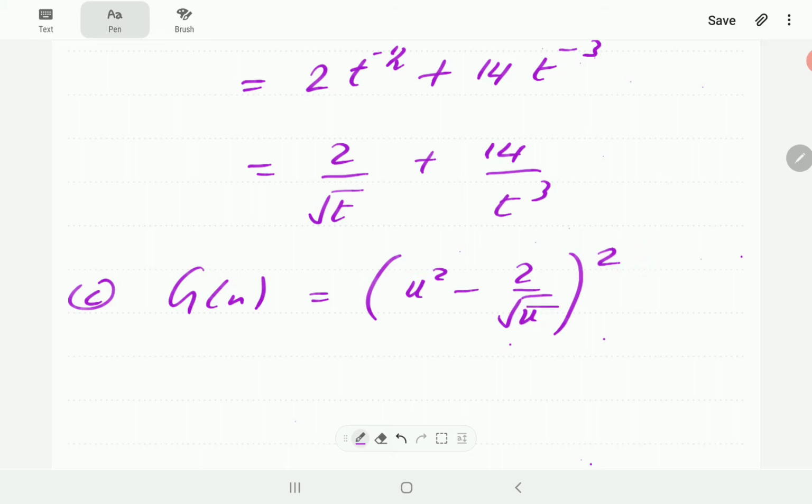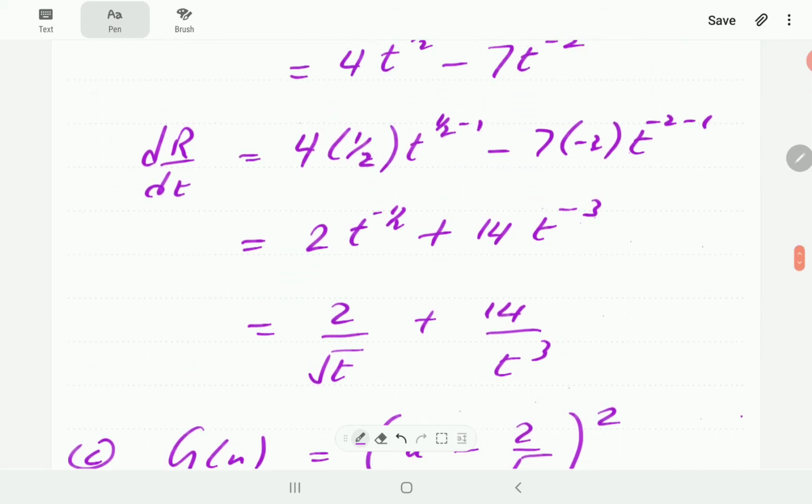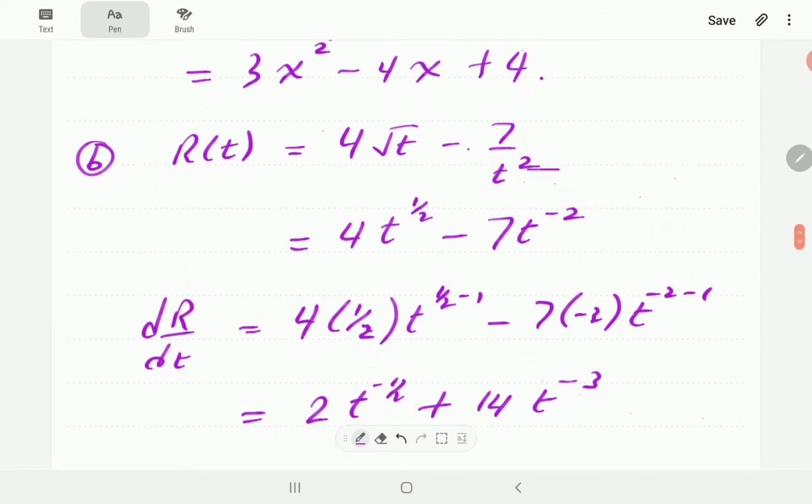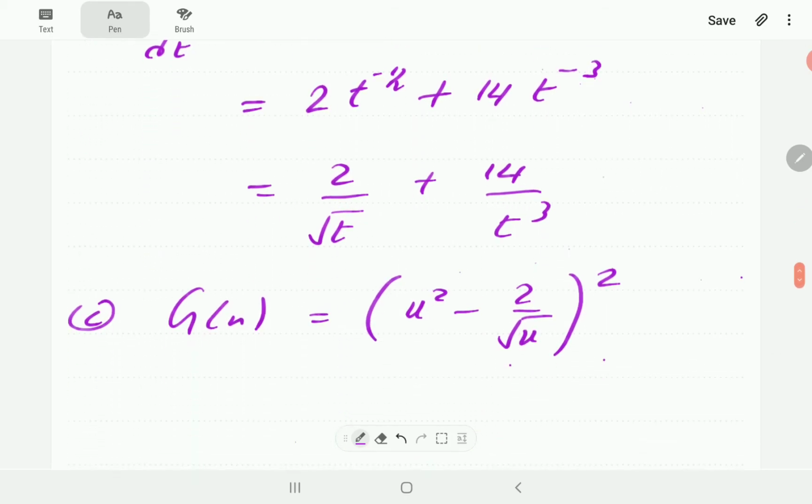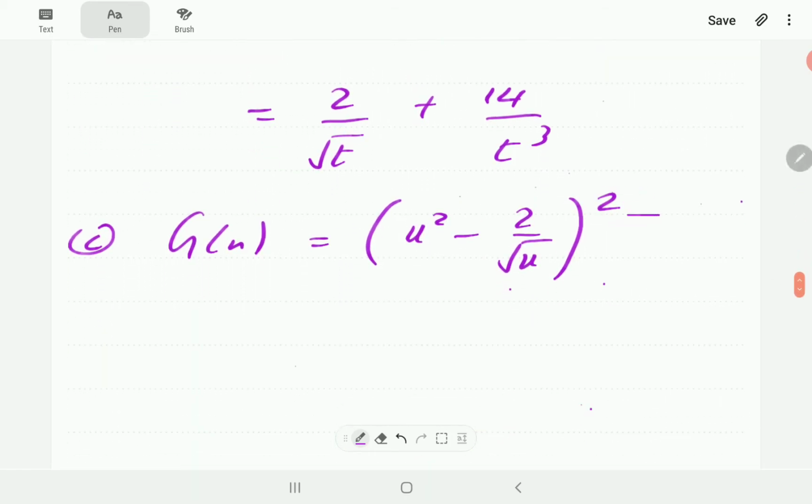This one is in the denominator, so similarly to what we did to this term, we'll have to bring it up to the numerator. But the main thing that's happening here is this power 2. So that power 2 we need to expand first.